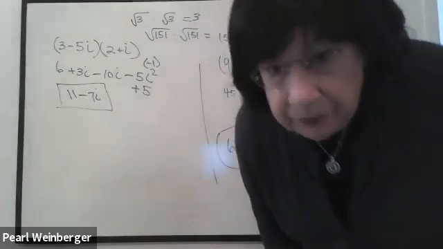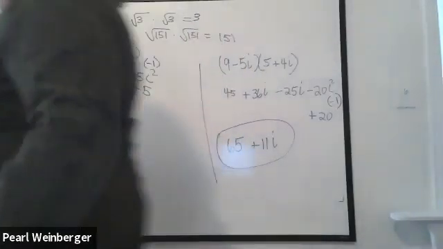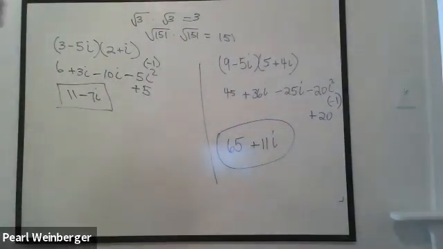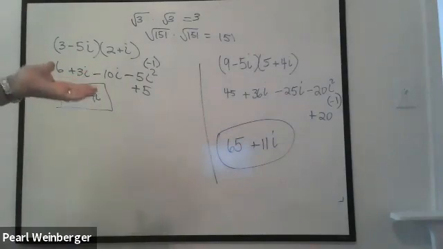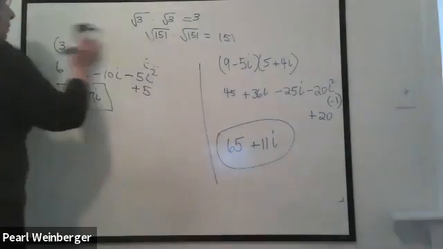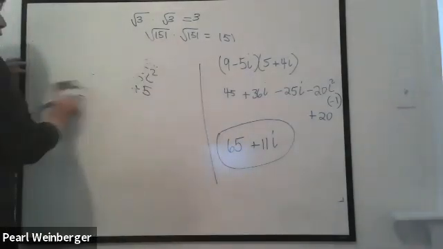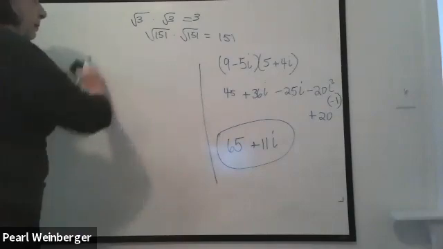Okay, so let's do one more thing. We've learned how to add and subtract and multiply. Let's talk about dividing complex numbers, or numbers that have i in them.